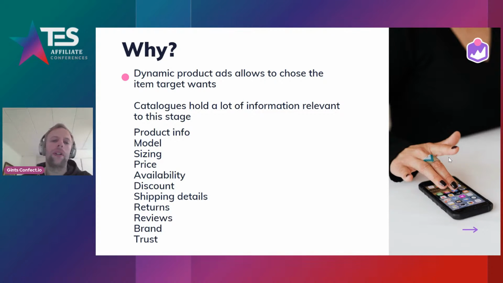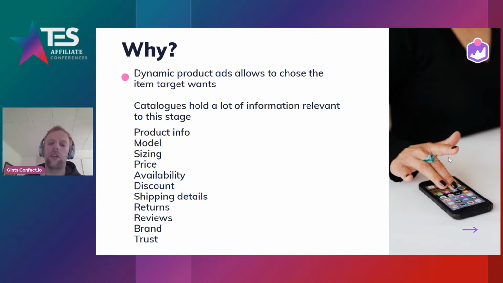So the dynamic product ads allow the choice of the customer. So you can display the product that they have seen or that they had interest about together with complementary products. So maybe they found these sneakers that were super nice, but that was not really the right color.